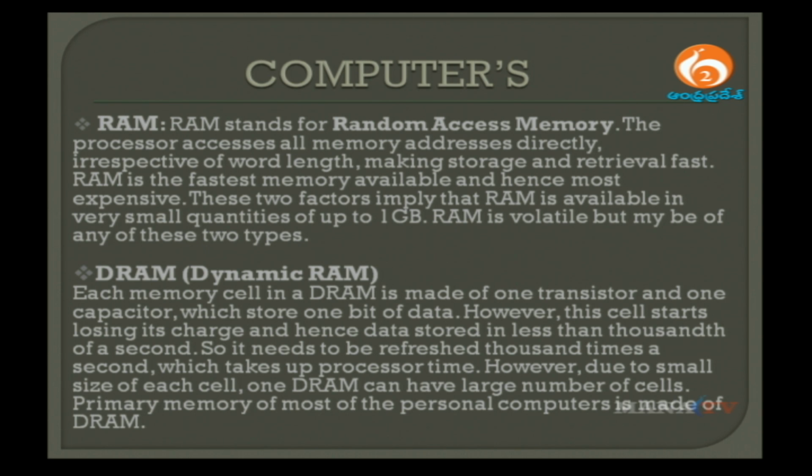Primary memory of most personal computers is made up of dynamic RAM. So, when I speak about dynamic RAM, the most important thing you have to remember when it comes to DRAM is that it is a semiconductor, or you can simply remember that it is made up of a transistor and a capacitor, because the primary memories I am talking about are made up of semiconductors.